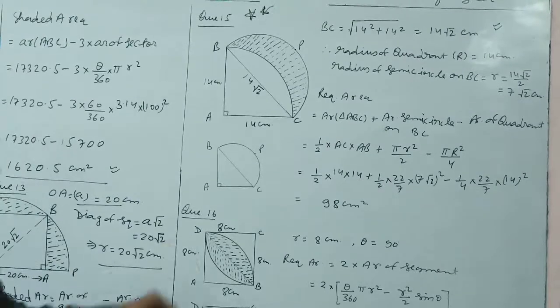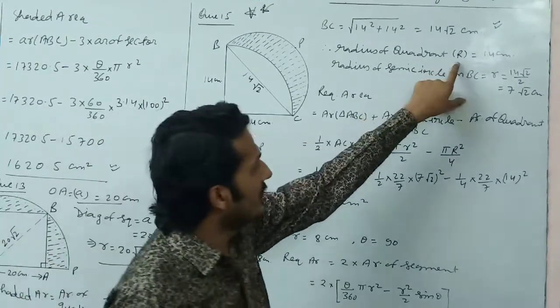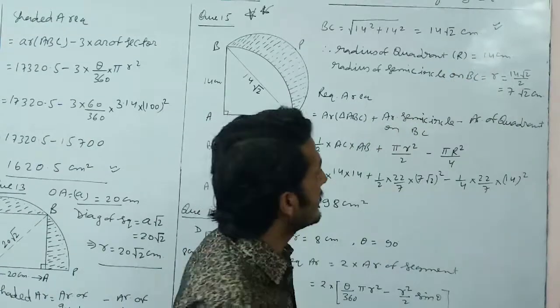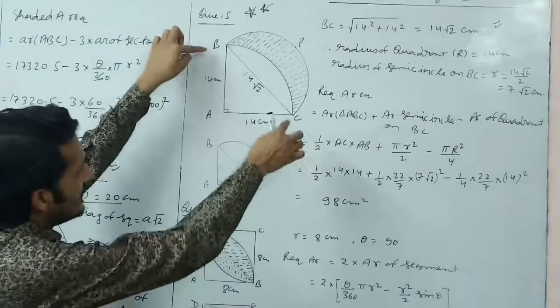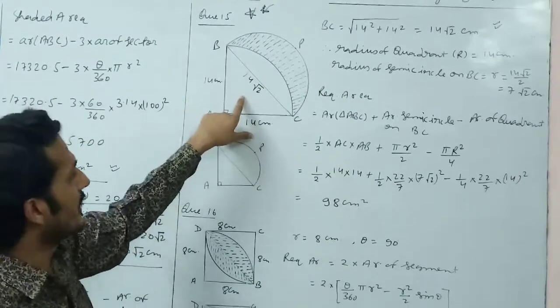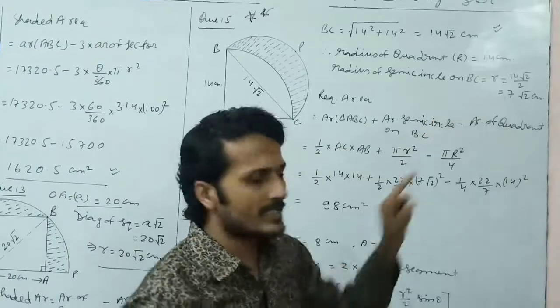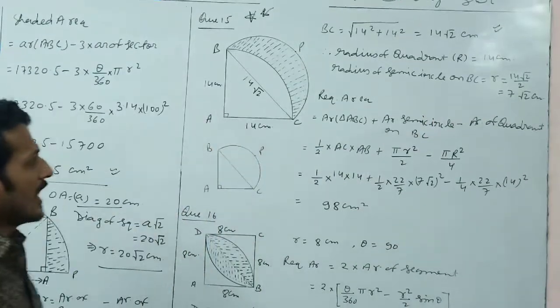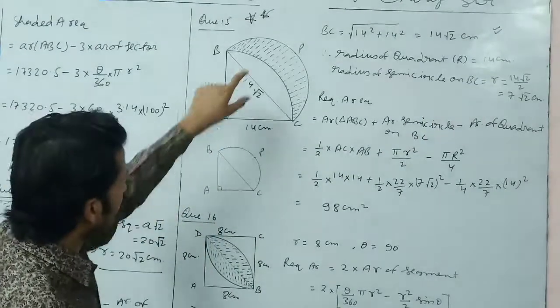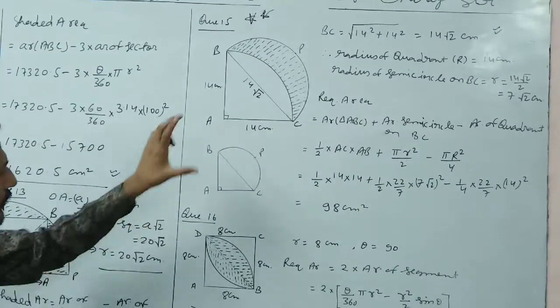Now it is given that radius of quadrant, that is we represented by capital R, is 14 centimeter. Now BC is the diameter of semicircle, so radius of semicircle with the diameter BC will be 14√2/2, that is 7√2 centimeter. Now to find out the shaded area, we need to see how we can find out this area.